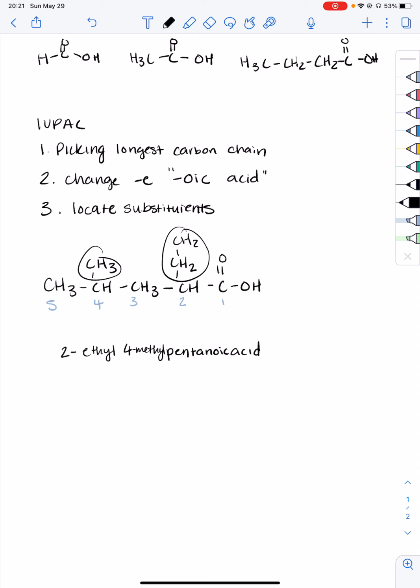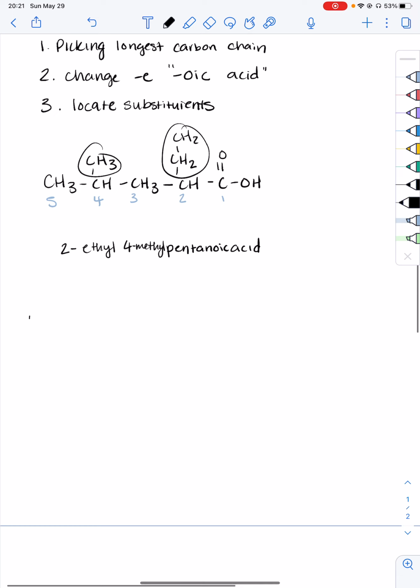For determining the acidity of carboxylic acids, carboxylic acids show a Ka value between 10 to the negative 4th and 10 to the negative 5th, and readily react with ordinary aqueous bases such as sodium hydroxide or sodium bicarbonate. The acidity is typically due to two factors.